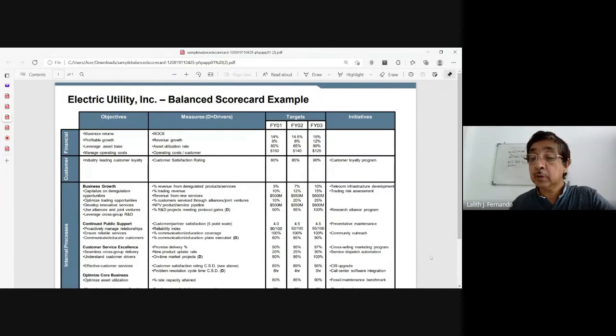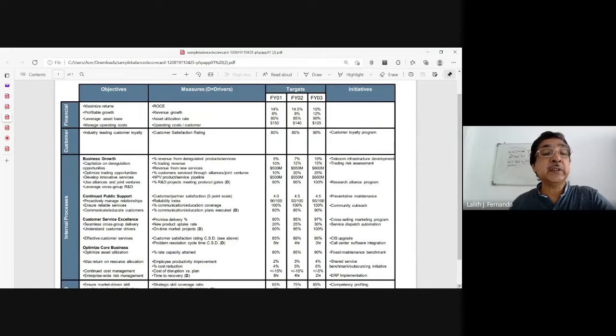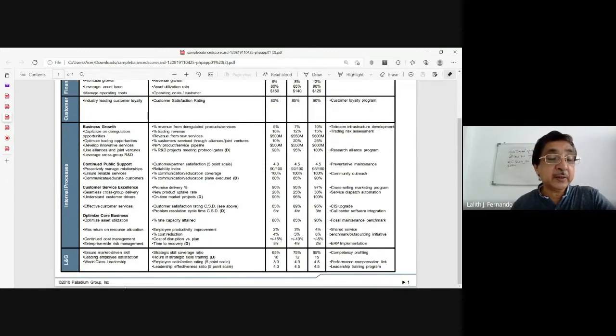Yes. Now in the balance scorecard, we discussed different perspectives of the corporate performance. The first perspective is the financial perspective, then the customer perspective, and internal processes perspective. And at last, you get learning and growth.